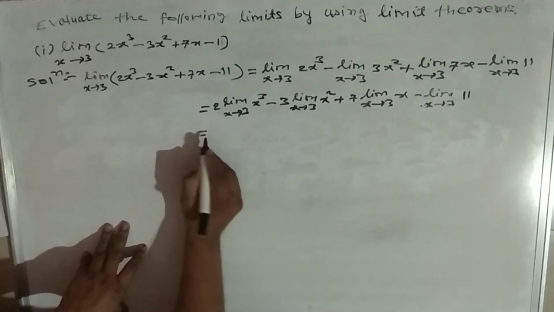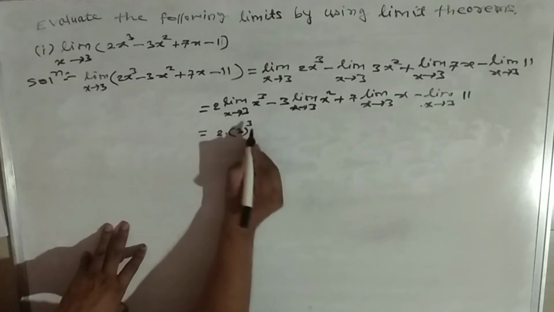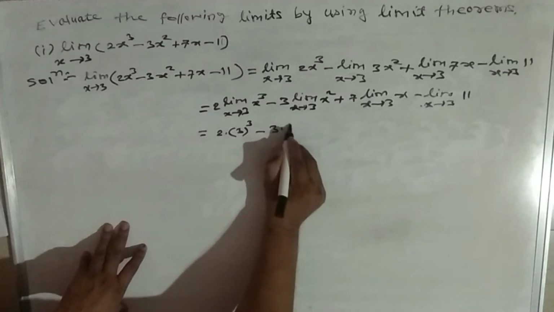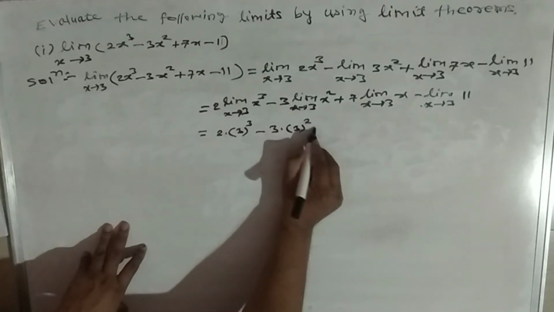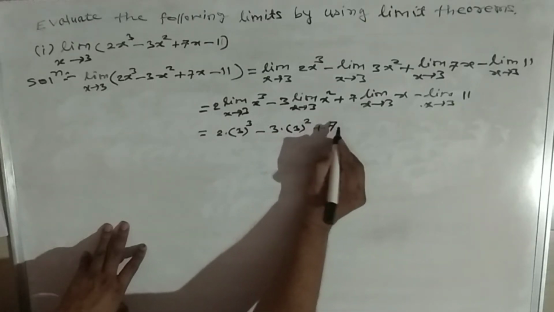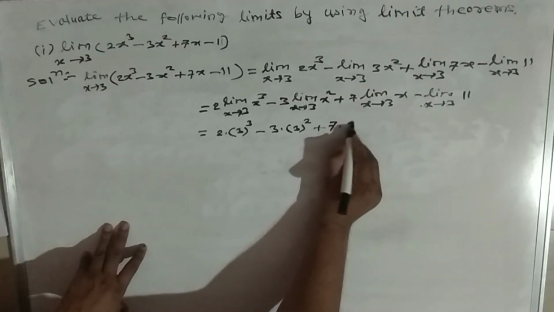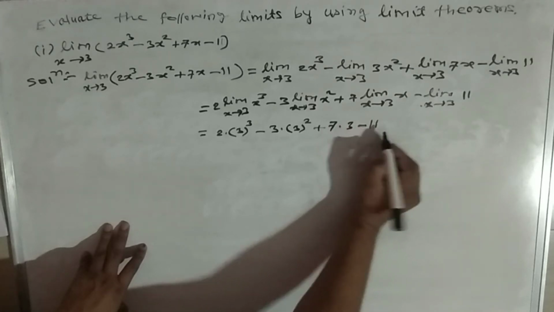So this is equal to 2 into 3 cube, minus 3 into 3 square, plus 7, and 11 is a constant function, so it stays as it is.